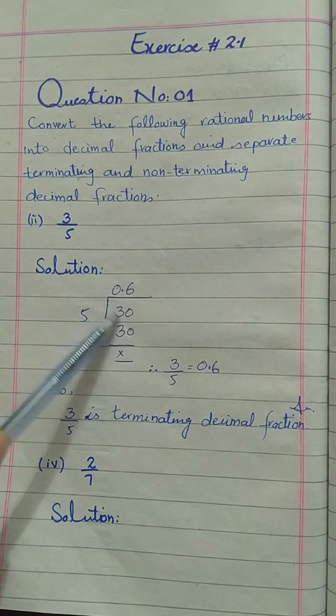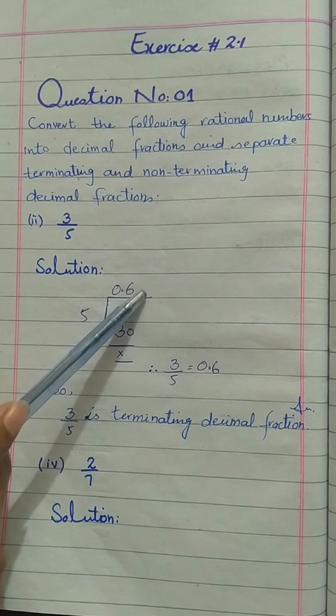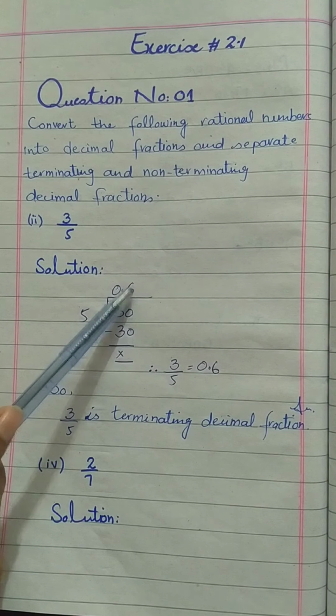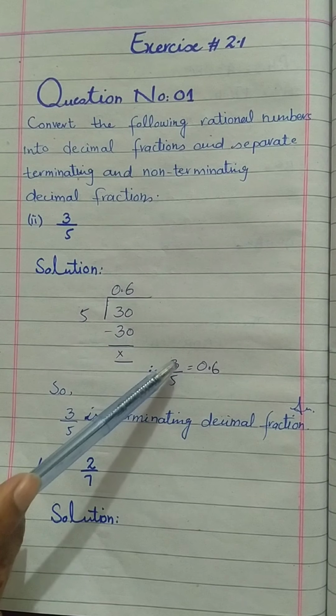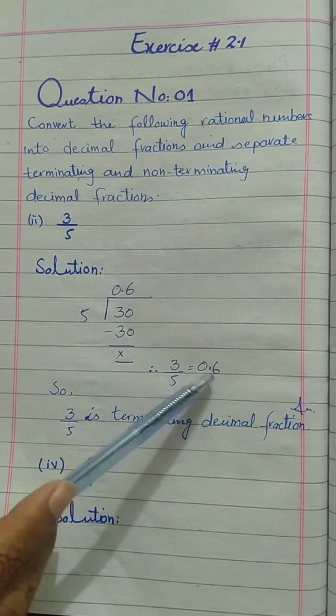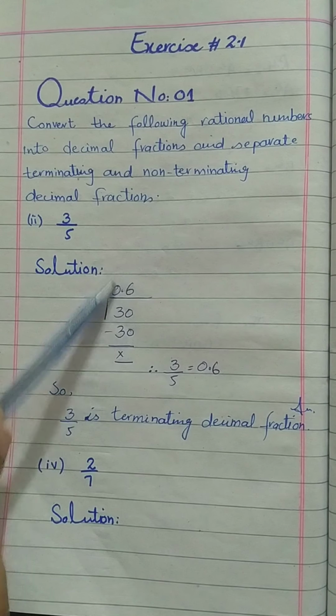And now this value becomes 30. 5 6s are 30. So 0.6 is the answer, and this is not an infinite value. So 3 by 5 equals 0.6. This is a fraction and this is a decimal fraction. 3 by 5 is terminating because this is not an infinite value.